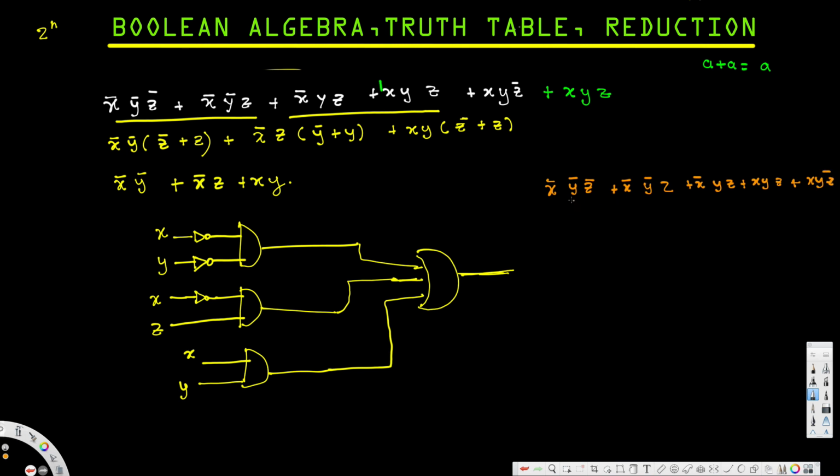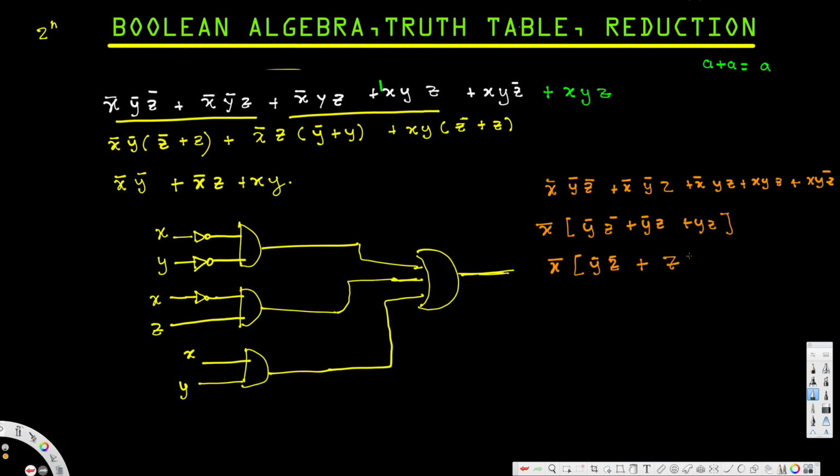Now here one thing we can do: you can see x bar is common, so we can take x bar common. If we do that, this is going to be left with y bar z bar plus y bar z plus y z. And then here you can do one more thing: x bar, and then y bar z bar is left, and here we can take z common.